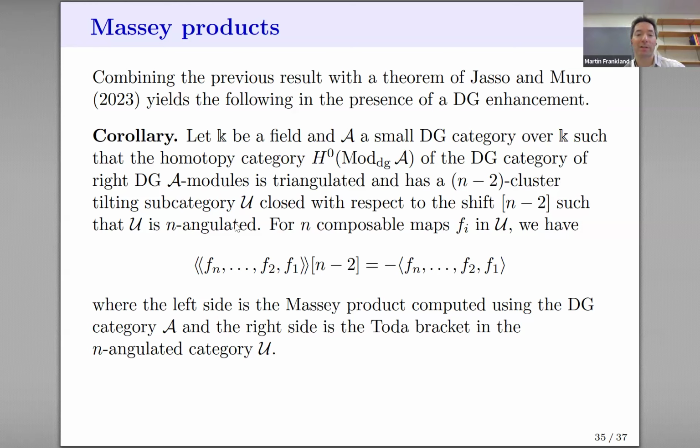So the point is just that U is n-angulated. It sits inside an ambient triangulated category. And on top of that, you've got a DG enhancement in the background. So you can compute the Massey product using the DG enhancement. That's my left-hand side here. And then the right-hand side is the Toda bracket in the n-angulated category, as defined a few minutes ago.